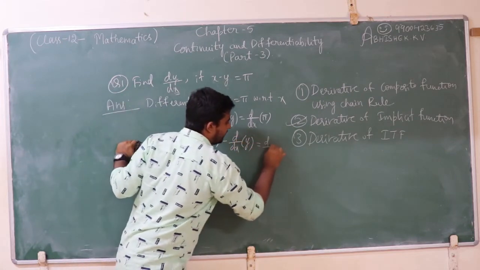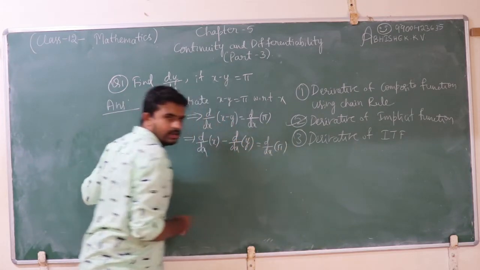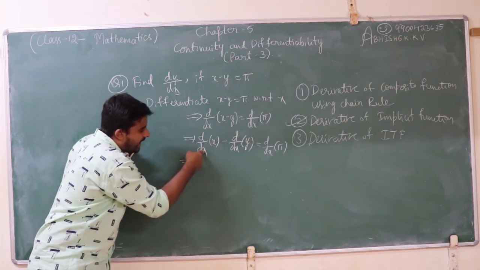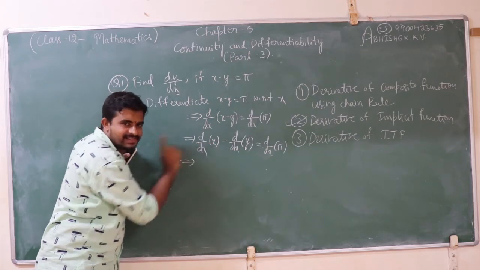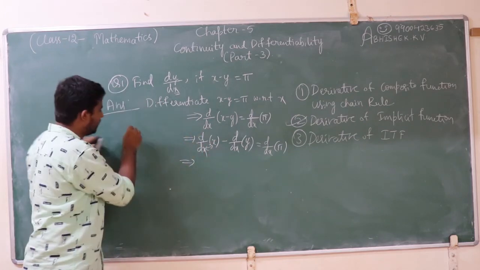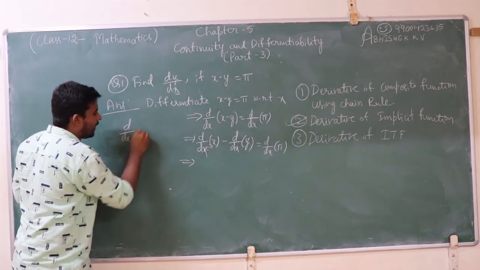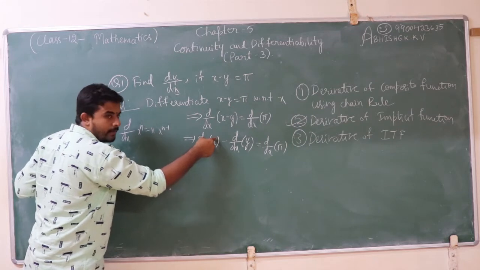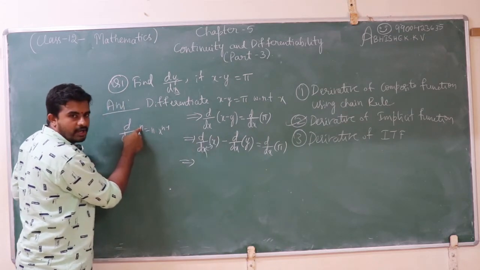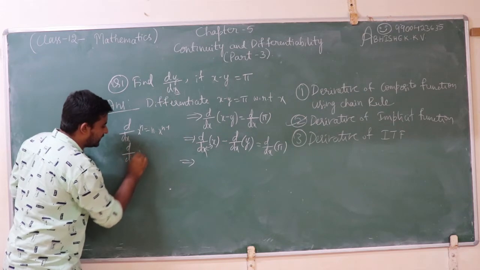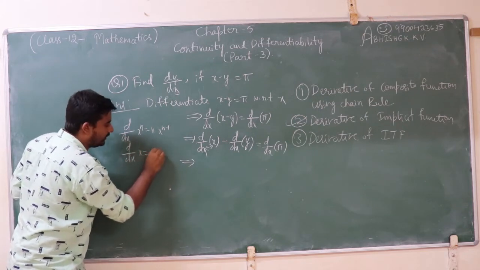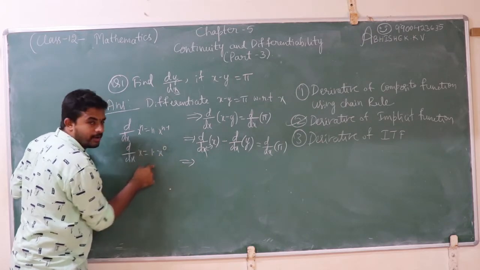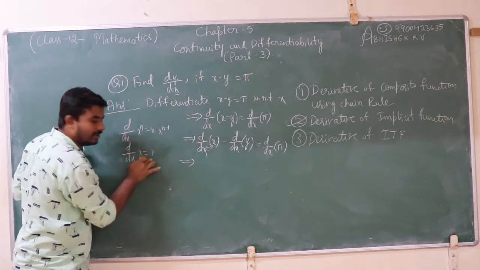Now using d by dx of x to the power of n is equal to n into x to the power of n minus 1, here the power of x is 1. So for n is equal to 1, d by dx of x is equal to 1 into x to the power of 1 minus 1, that is x to the power of 0, which is equal to 1.